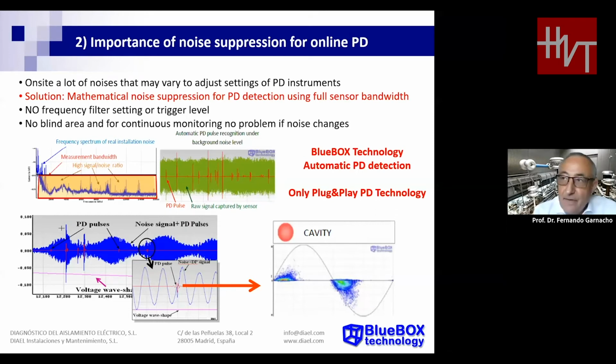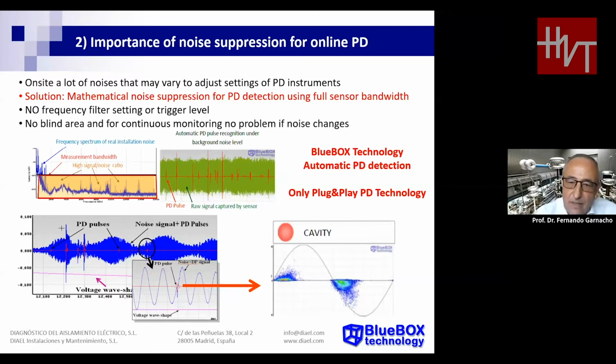And the problem in online monitoring is that the noise can change. One day we have one type of noise and another day we have another kind of noise. For this reason, we need an automatic tool to remove the noise automatically. And this is the conceptual basis of this technology.